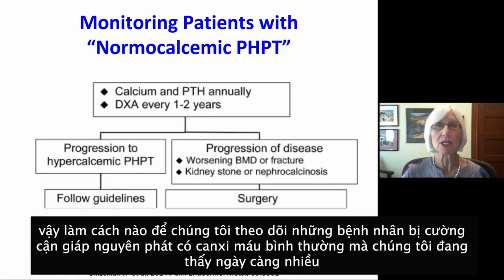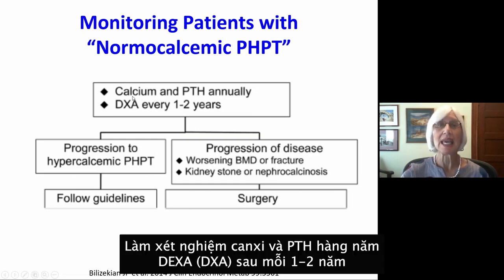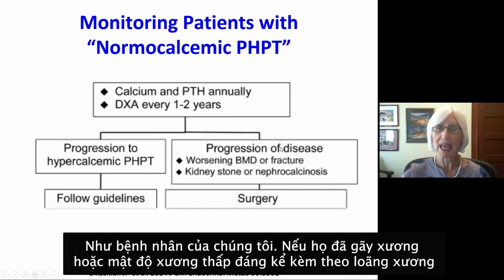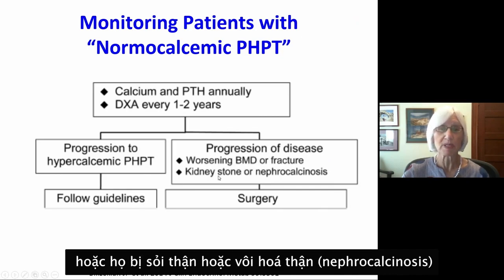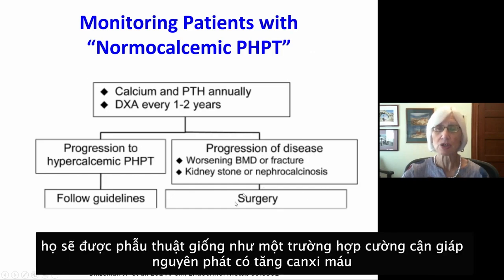So how do we monitor patients with this normocalcemic primary hyperpara that we're seeing more and more often? Get calcium and PTH annually, DEXA every 1 to 2 years. Now, like our patient, if they already have had a fracture or significant low BMD with osteoporosis, or they presented with kidney stone or nephrocalcinosis, they go to surgery just like a primary hyperpara with hypercalcemia.